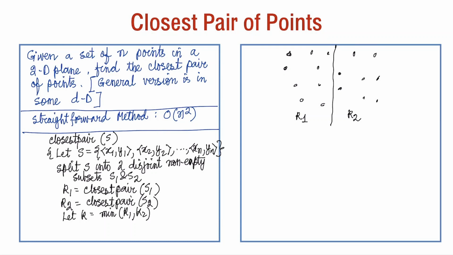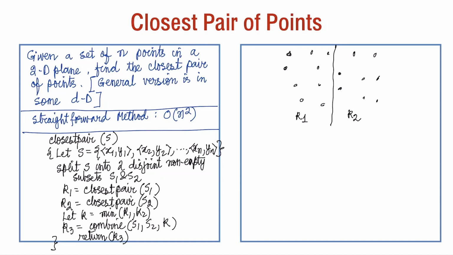We now have to find a combine algorithm which says this combine algorithm K3 is a combine of S1, S2, given that the minimum of the independently calculated subsets is this, and once we get K3, we return K3.